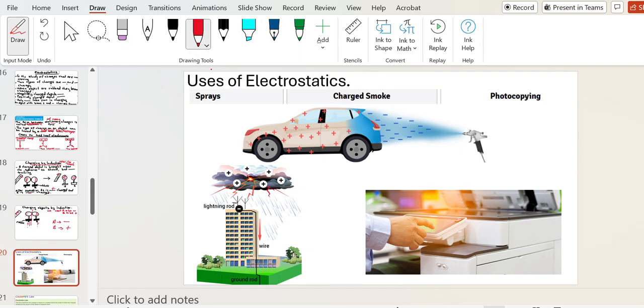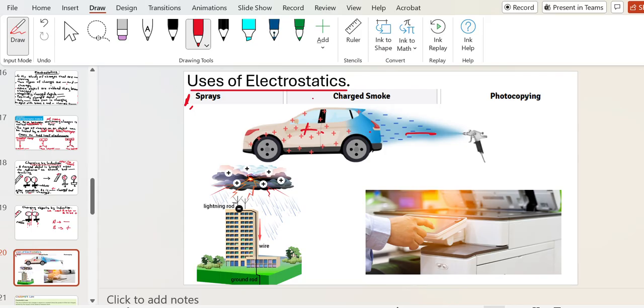You will be tested on the uses. Why do we study electrostatics? Where do we use this knowledge? One, in spraying cars. Look what we are doing. The spray is negative, the car is charged positive, they attract. We want the paint to attract onto the car.